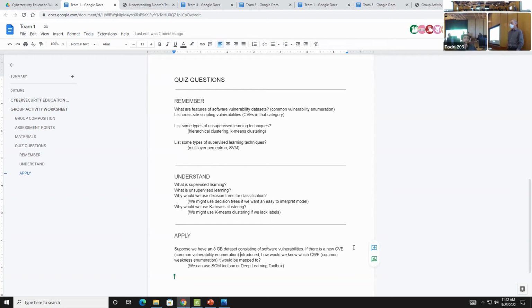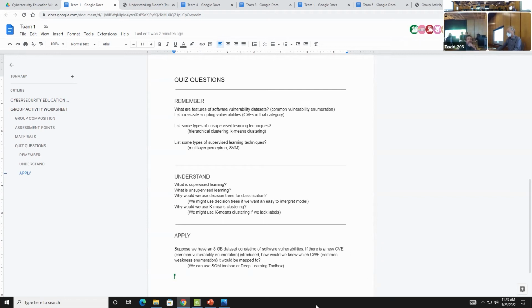Probably remember. Yeah, so at the remember level, you'd ask just, what are two tools we can use for mapping CVEs to CWEs? The answer is SOM Toolbox and Deep Learning Toolbox. And understand, maybe say, compare and contrast two methods for mapping CVEs.